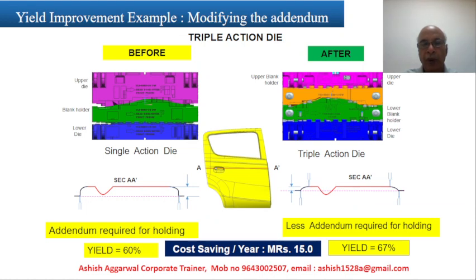to the company. There is another concept, the triple action die. Wherever we have more draw depth, we can use triple action dies. When we go with the triple action die, we need less addendum for welding because we have a floating lower half blank holder as well as an upper blank holder.